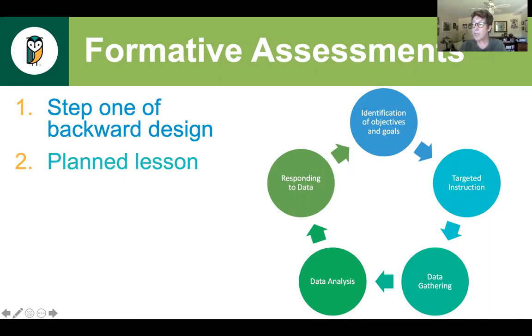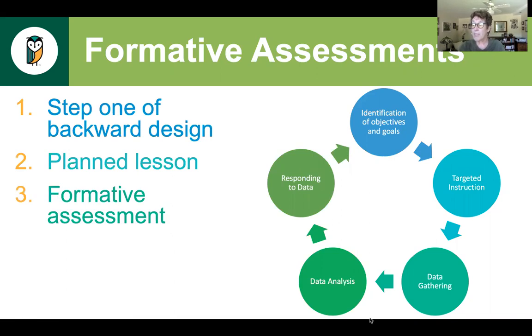Next, you have students complete some type of formative assessment to gather data on how they are progressing towards their goals. This could be a short quiz, an exit ticket where you have them write something, even a simple task like surveying the students and having them indicate with a thumbs up or thumbs down.